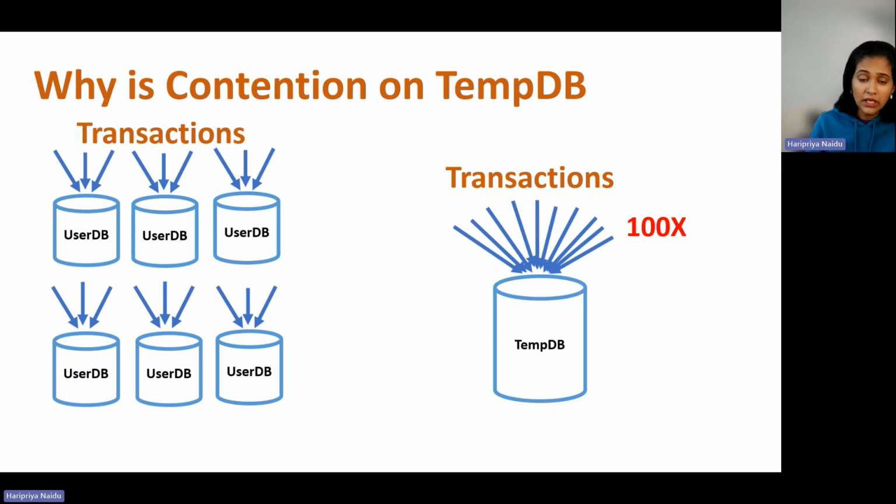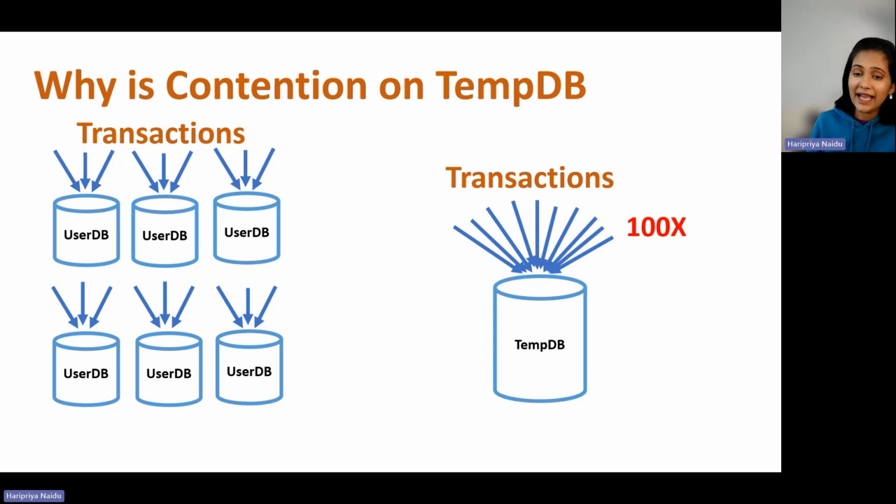That is because you have inserts, updates, and deletes on temp tables or any temporary objects running on TempDB. There is only one TempDB in the whole SQL Server instance. This TempDB is shared by all user connections, and for any temporary object operations, TempDB is used. From any of the user databases, when you run any temporary table or object operations, TempDB is used.